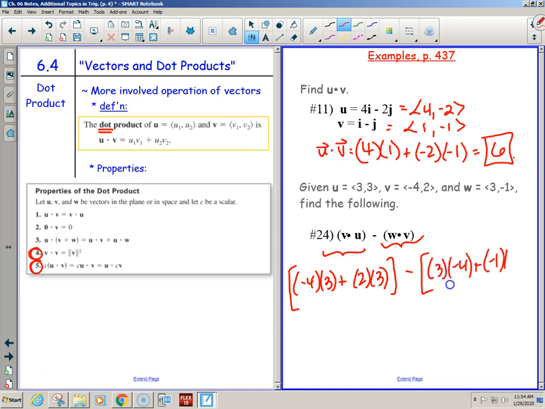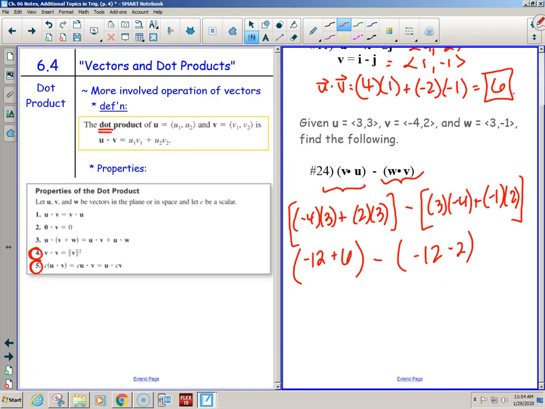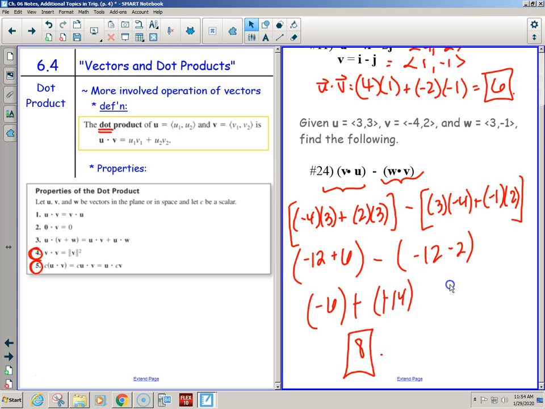Plus y times y. I have some multiplying I need to do before I can do my parentheses. And I have some other multiplying to do before my parentheses. But then if I can do my parentheses, hopefully I'll be able to eventually get to my final number.